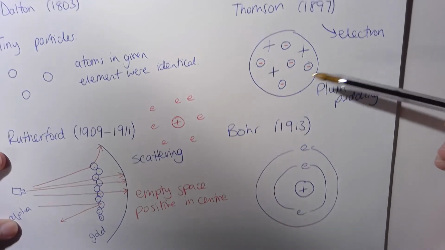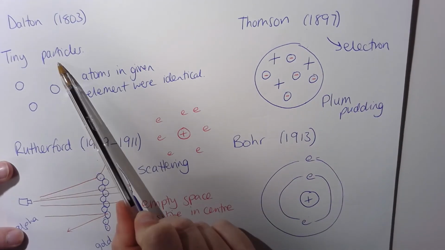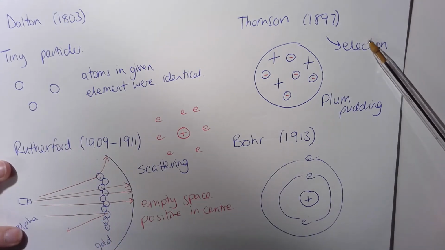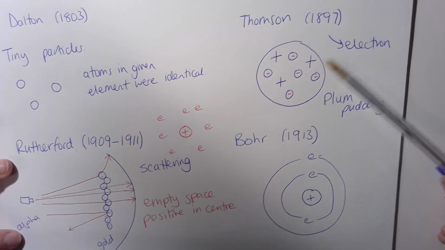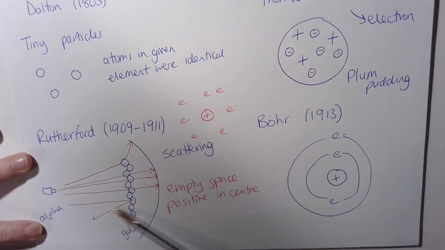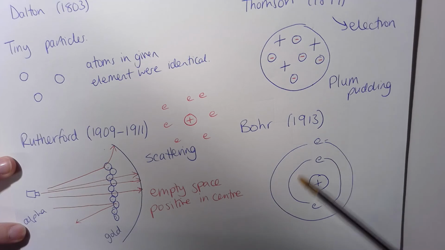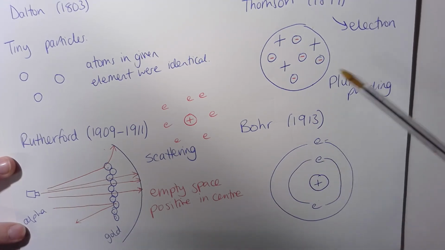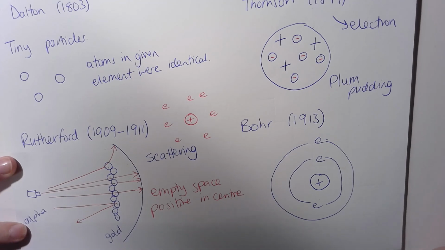So we've gone from Dalton saying atoms are tiny solid particles that can't be broken down any smaller, to Thomson discovering the electron, so they are made up of something smaller, to Rutherford proving that atoms are pretty much empty space with a positive nucleus in the middle, to Bohr discovering these energy levels that the electrons orbit the nucleus in. The only thing missing from this is the neutron, which James Chadwick then discovered, which allowed us to realise that there could be different versions of the same element, which we know as isotopes.